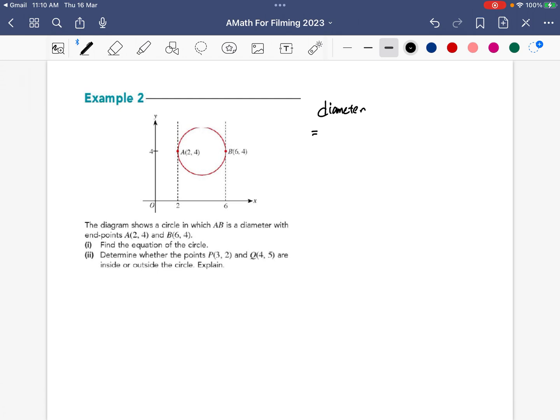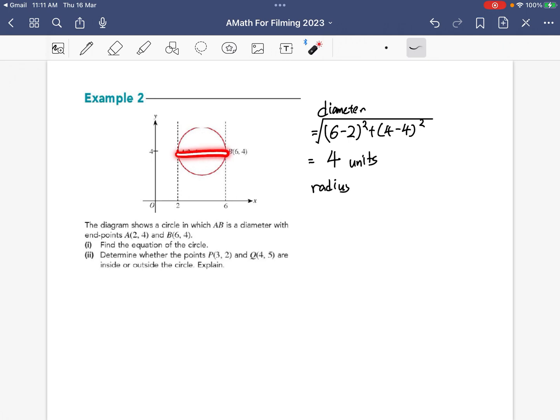So the diameter equals the square root of (x2 minus x1) squared plus (y2 minus y1) squared. If you work that out, you'll find that this will be 16 plus 0, so the diameter is 4 units. Hence, my radius is 4 divided by 2.